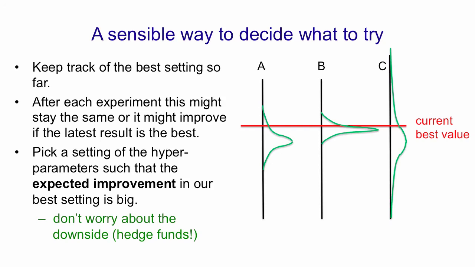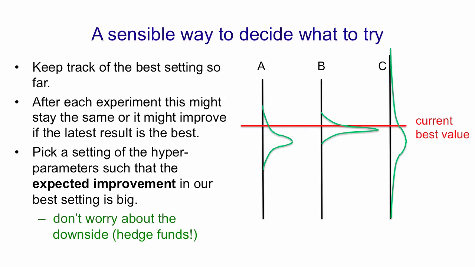For setting B, the mean is closer to our best so far, but since there isn't much variance, there really isn't that much upside. For setting C, the mean is actually lower than for setting B, but because there's high variance, there's a big upside.